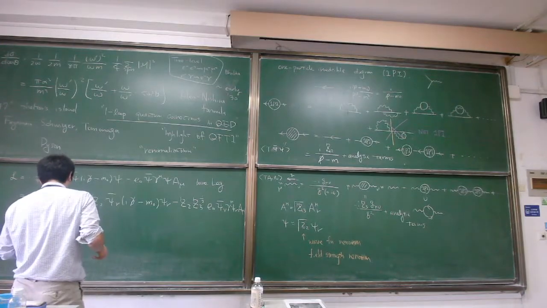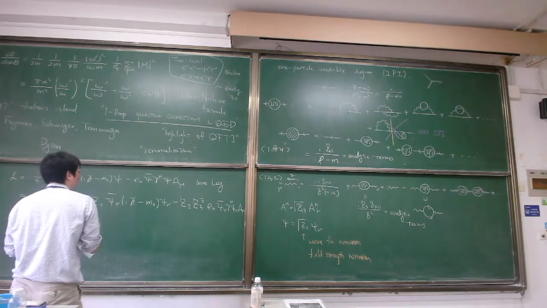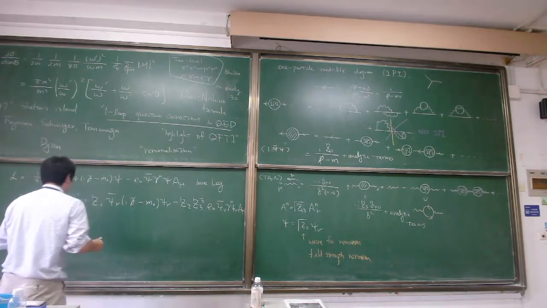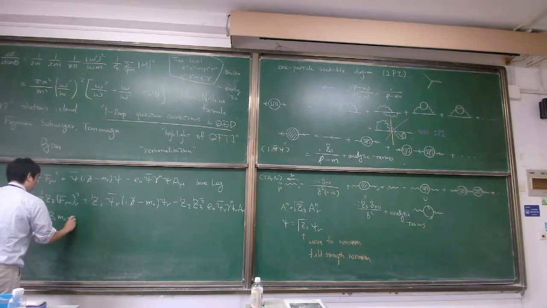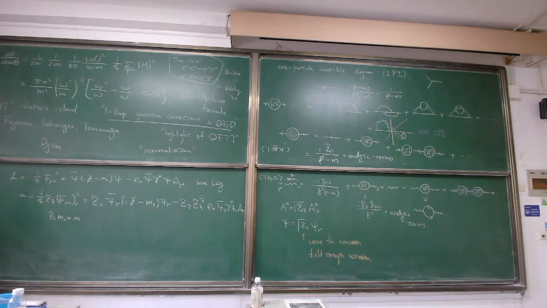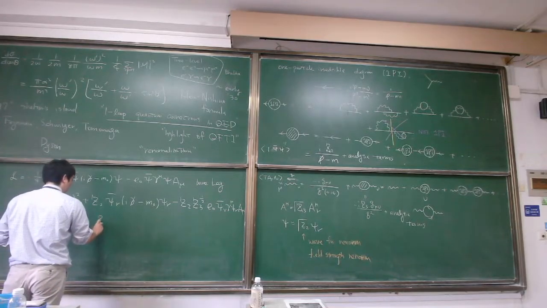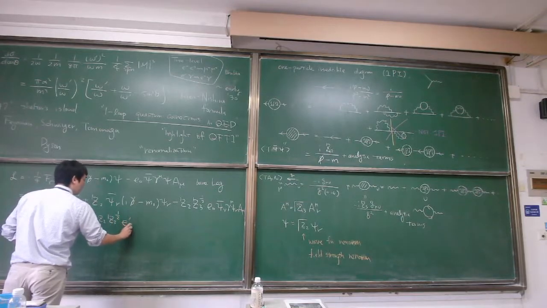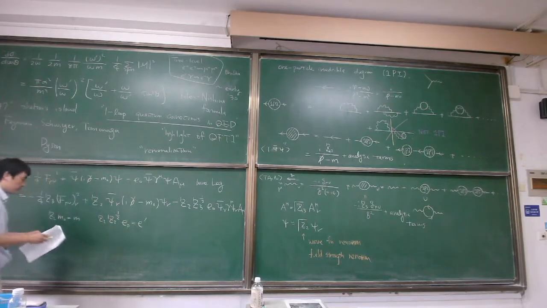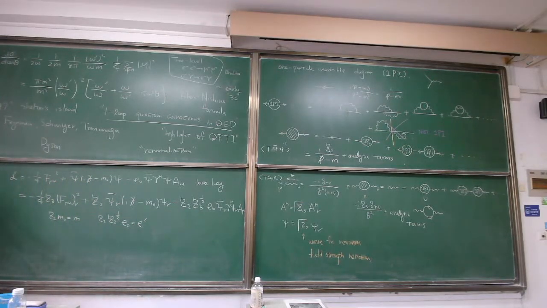Then we just rewrite. Z2 times M0 is equal to M. And Z1, Z2, Z3, square root E prime, E0 is equal to E prime. We just rewrite this one this way.